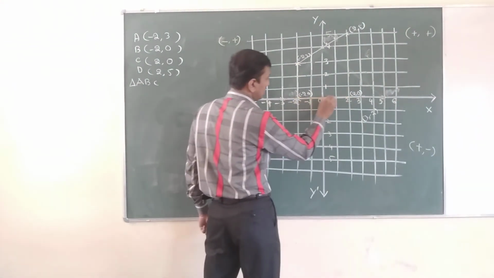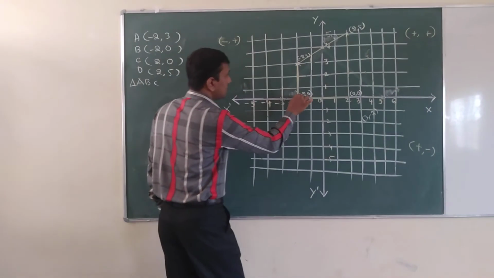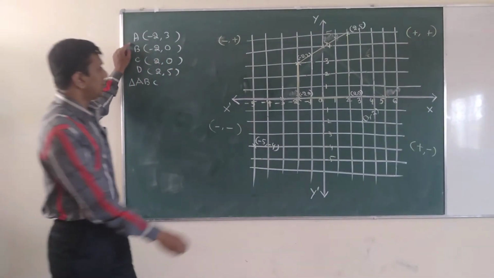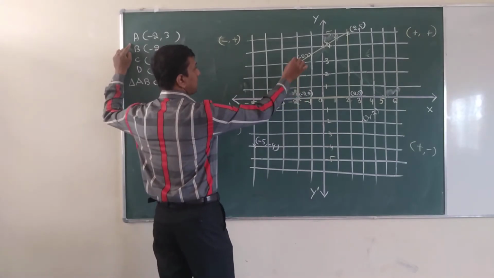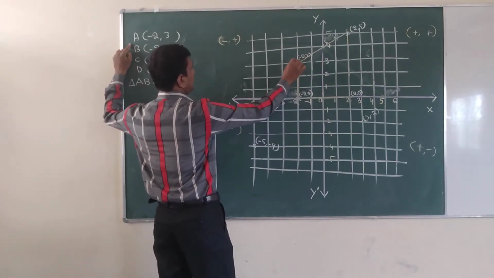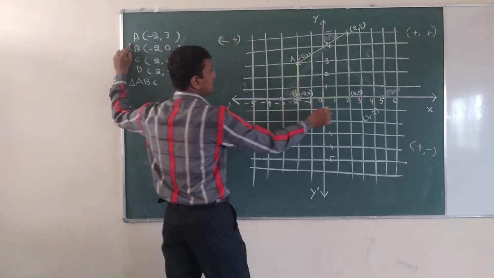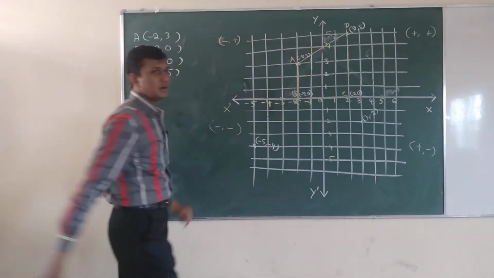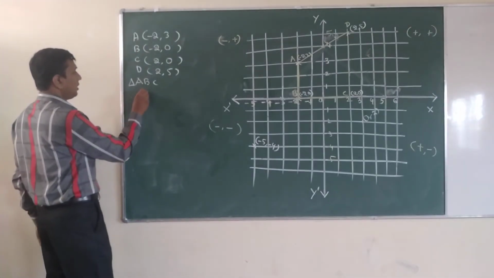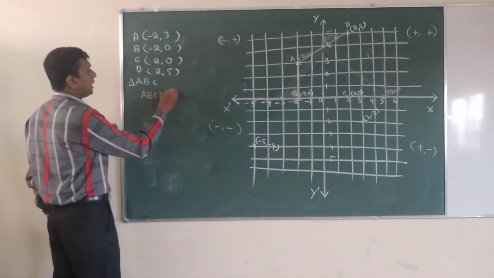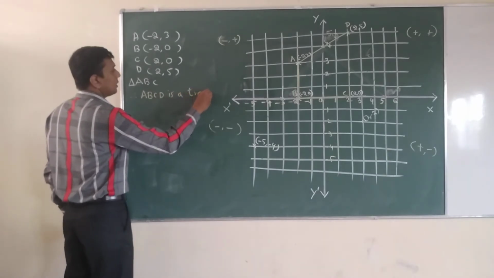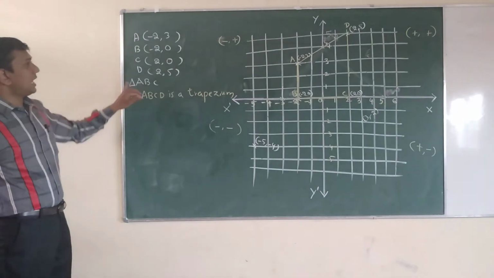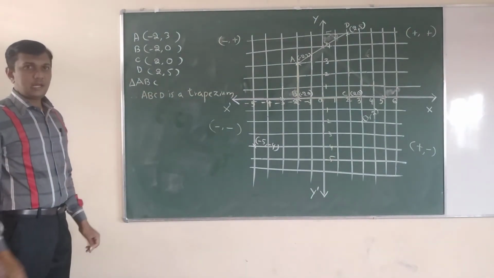So what type of figure did you get here? Yes, it is a trapezium. So let us know the names also. A, B, C, D is a trapezium.